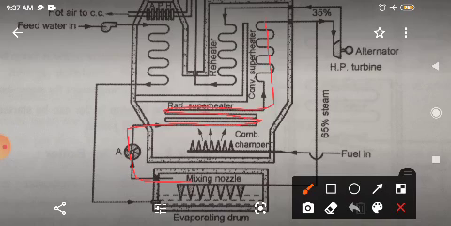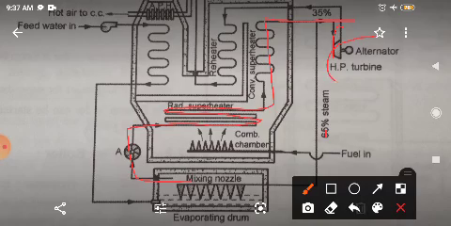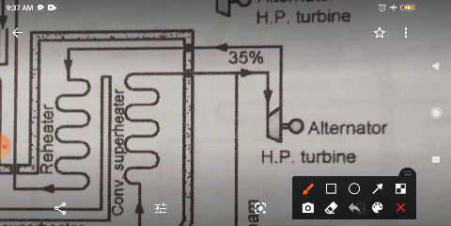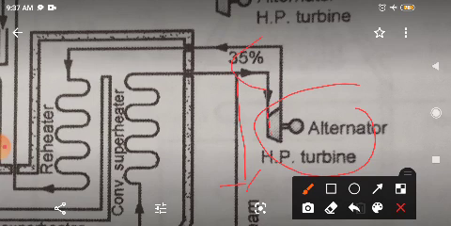Here is also steam, which is supplied to the first high pressure boiler, which is using 65% of steam. At this high pressure boiler, 65% of steam is utilized. The other 35% of the steam is utilized for electricity generation or any other purpose.